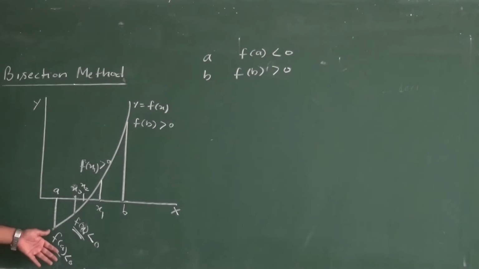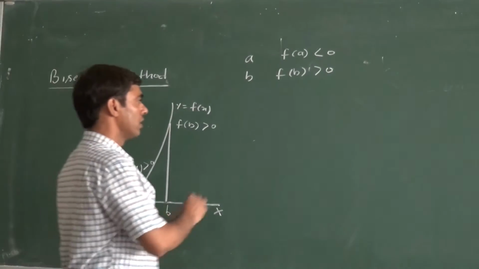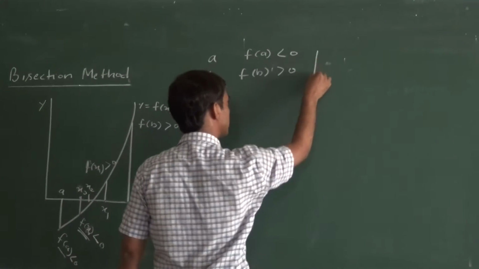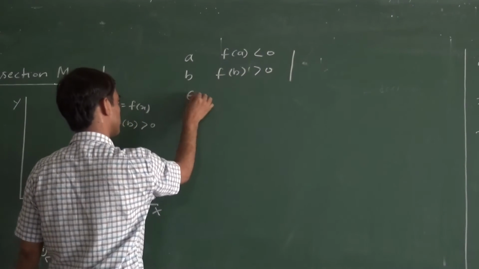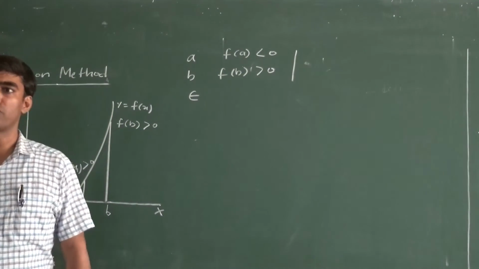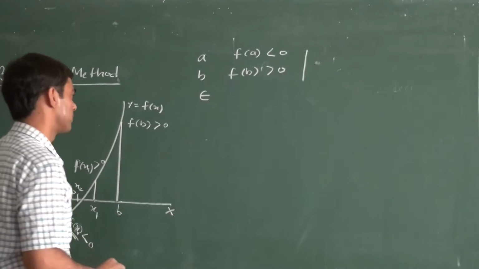Like in this case, f of A is less than 0, f of B is greater than 0. Suppose we consider EPS, whatever its value, maybe 10 to the power minus 1, 10 to the power minus 2, 10 to the power minus 3.